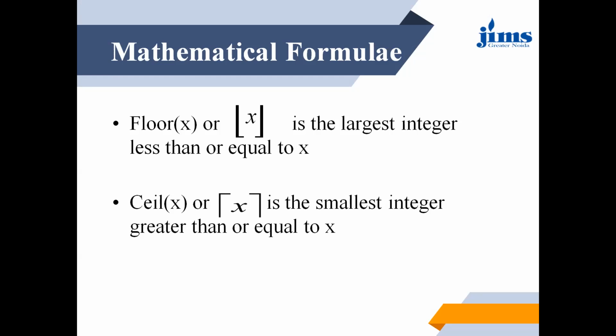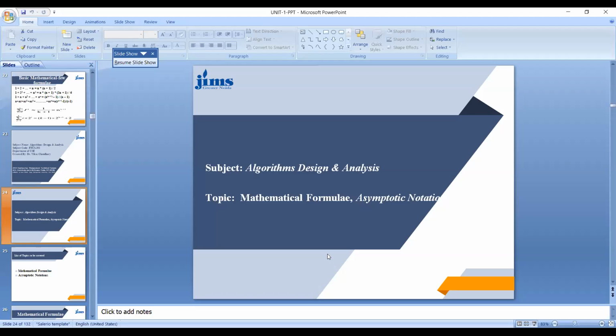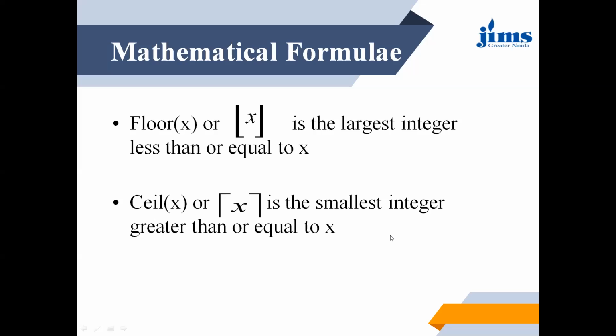Similarly, the ceil function gives us the smallest integer which is greater than or equal to x. So in this manner, we can use these two functions, ceil and floor, right?